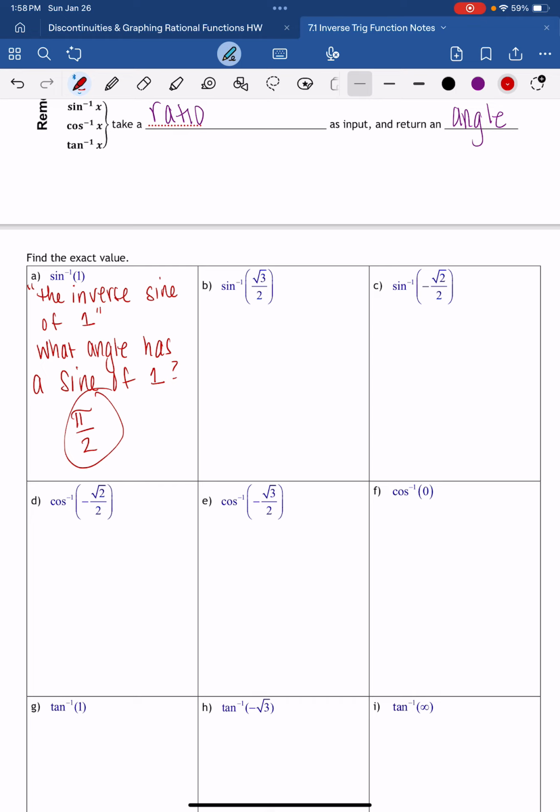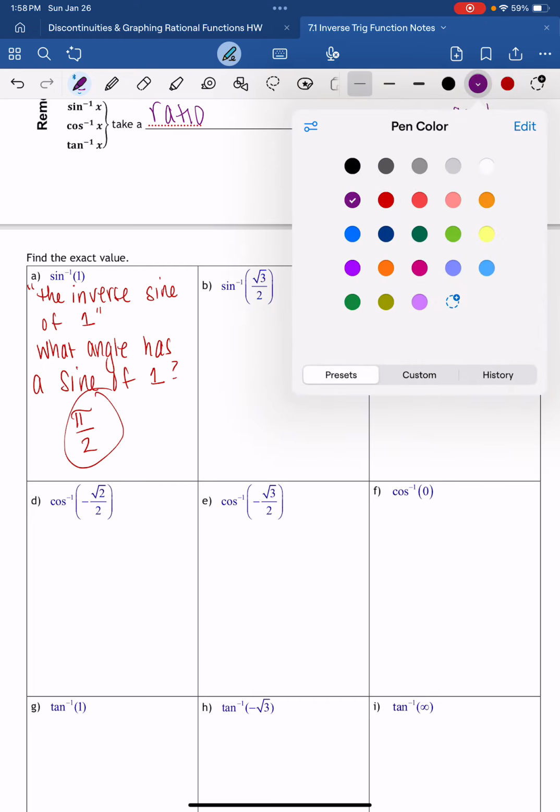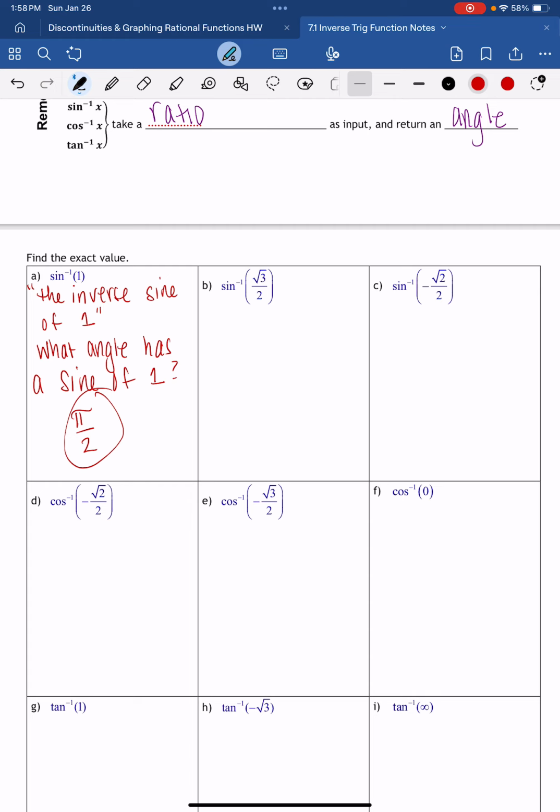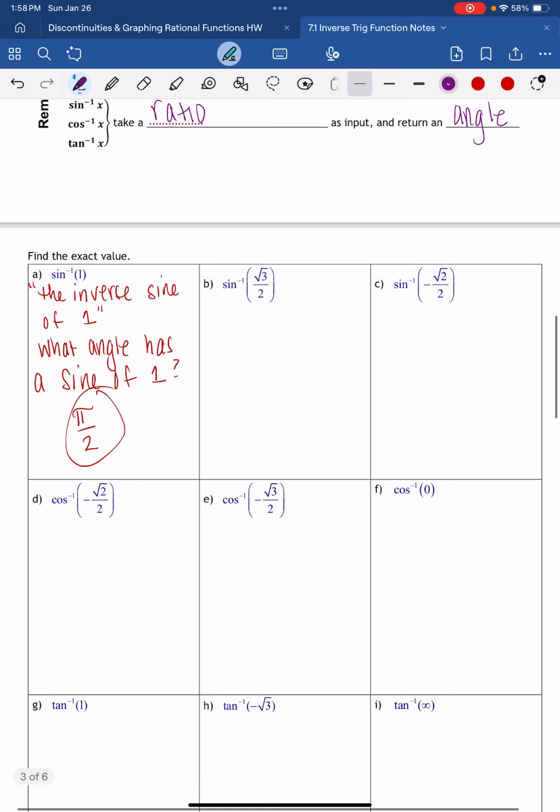Okay, same thing for the next one. What angle has a sine of √3 over 2? And we're going to stick with radians. But it has to be in our range. So there are a lot of angles that have a sine of √3 over 2. 60 degrees has a sine of √3 over 2.